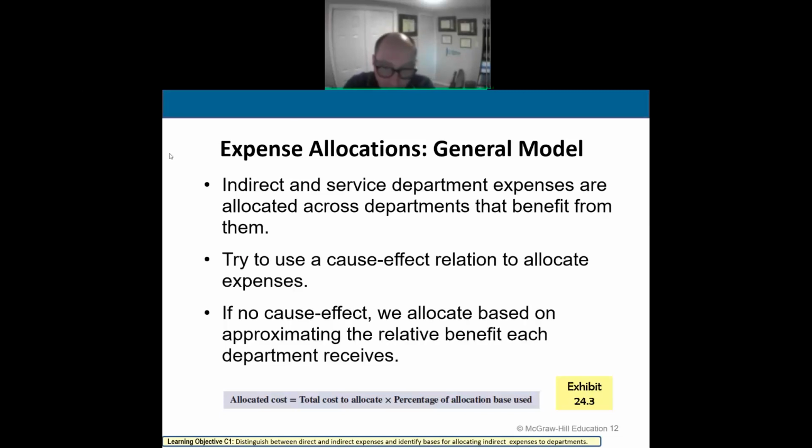We take the total cost to allocate times the percentage of the allocation base used.